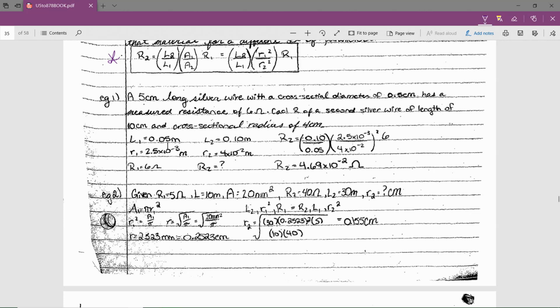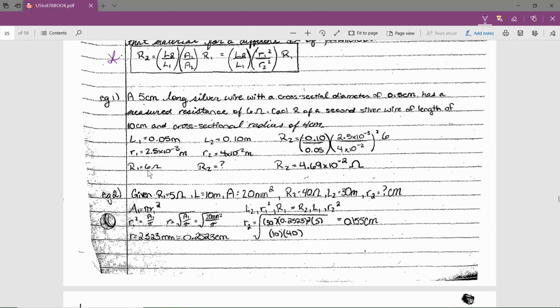It's very important to set up a little chart here. So L1 is 0.05 meters. r1 is not 0.5 centimeters, it's 0.5 divided by 2, because 0.5 centimeters is the diameter. So r1 is 0.25 centimeters, which is 2.5 by 10 to the minus 3 meters. And you're given a measured resistance of 6 ohms for those conditions, that shape.